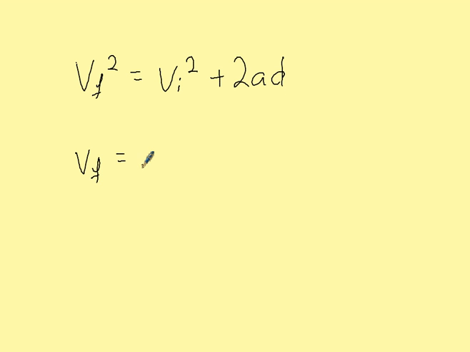Now I'm going to go to the next page and we'll continue playing with this a little bit. By just doing some algebra, let's isolate final velocity. So the final velocity of an object squared equals the initial velocity squared plus 2ad. Now to get rid of the square, we could say then that the final velocity of an object is equal to the square root of the initial velocity squared plus 2ad.